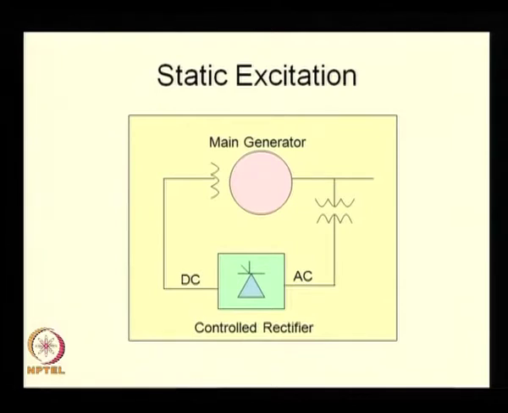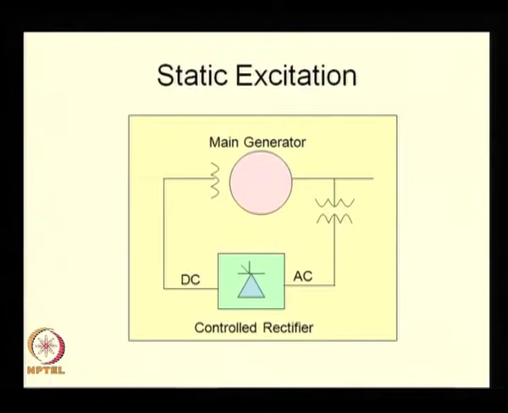In fact, it may somewhat worry you initially, because the voltage required to be rectified in order to feed a DC voltage to the field winding is being obtained from the terminals of the main generator itself. If the main generator is under open circuit conditions, one may argue that there is no voltage at the terminals of a synchronous machine if no field voltage is provided.